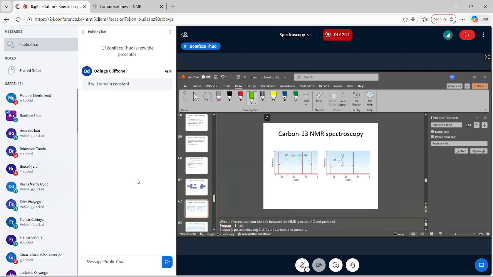In the other compound, which is propanol, we see that we have 3 peaks, so each carbon is in a different chemical environment. And we can see that the methyl group is farthest from the oxygen, and therefore minimal effect of that hydroxyl group is experienced by that methyl group, and therefore there is extensive shielding.